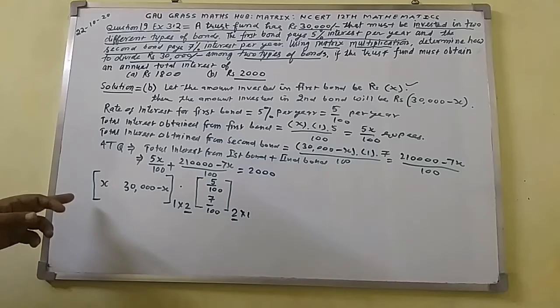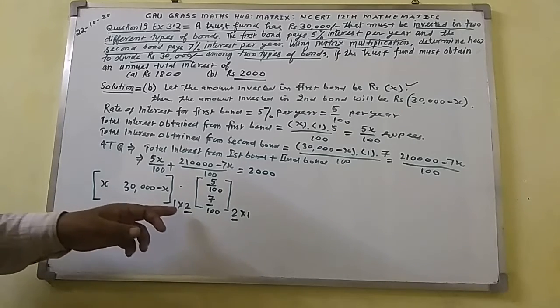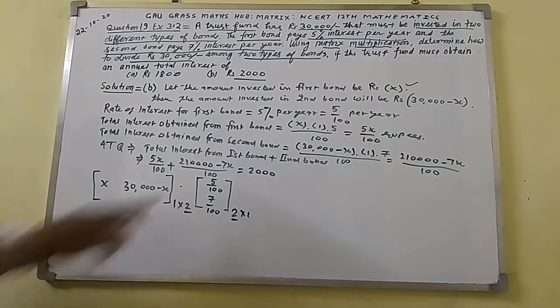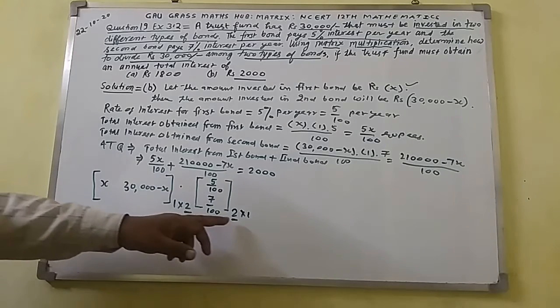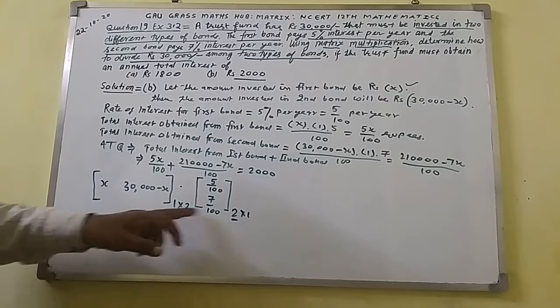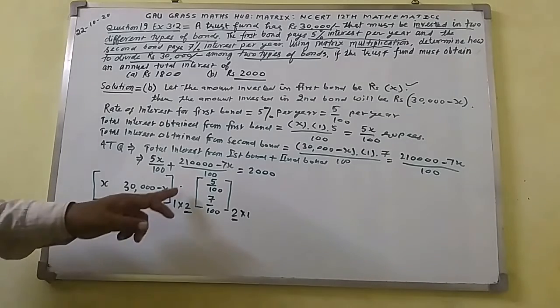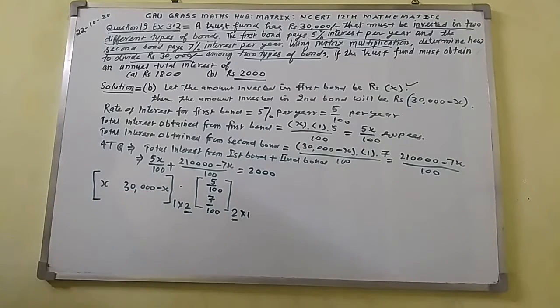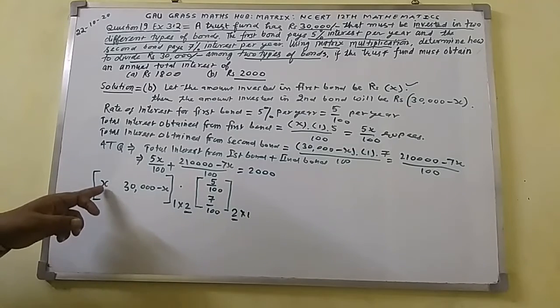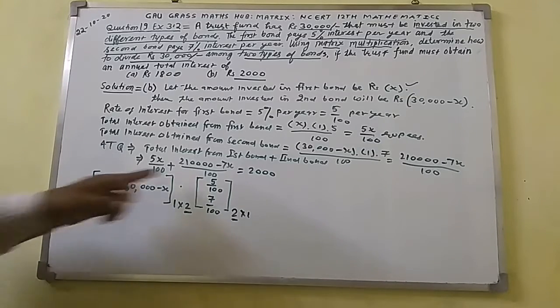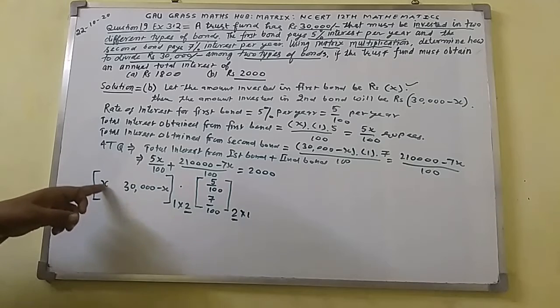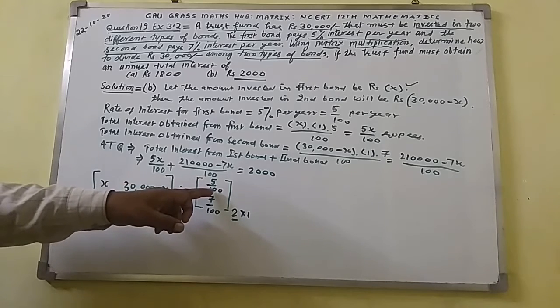Once again, in the first matrix, the number of columns is equal to 2. In the second matrix, the number of rows is equal to 2. So 2 is equal, therefore multiplication is possible here. If you multiply x to 5 over 100, you will easily get 5x over 100.